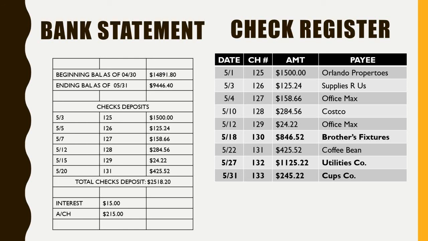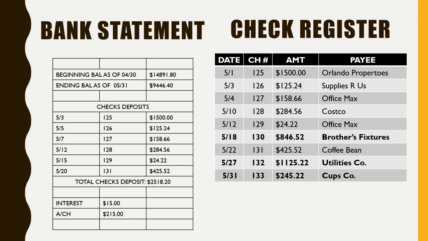My bank statement tells me that check number 125, 126, 127, 128, 129, and 131 have cleared, except for check number 130, 132, and 133.